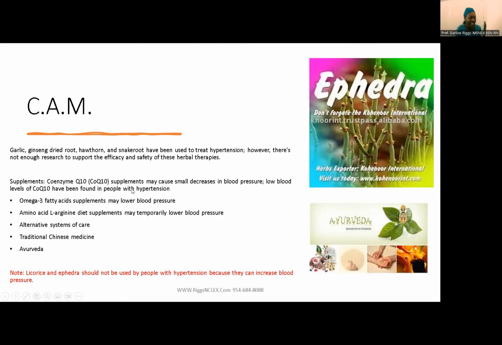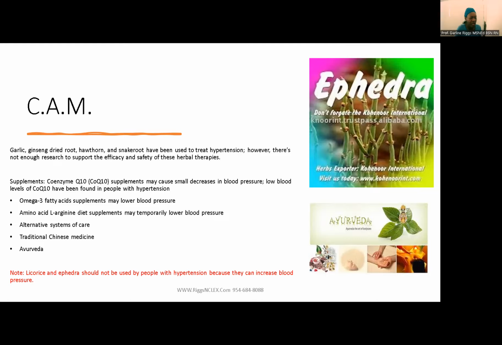CoQ10, that is. So we can do the omega-3s. We can educate people to add more omega-3s in their diet. Those are the natural ways we want folks to do things, okay? So amino acid. Yep, those are researched and can be prescribed and recommended by your physician.